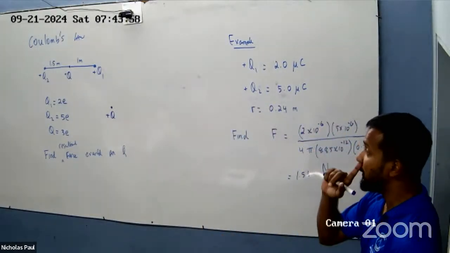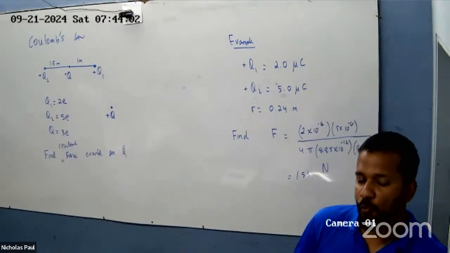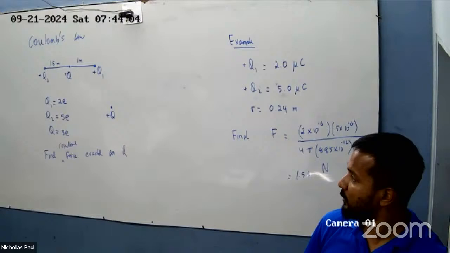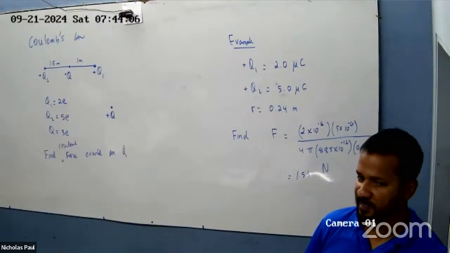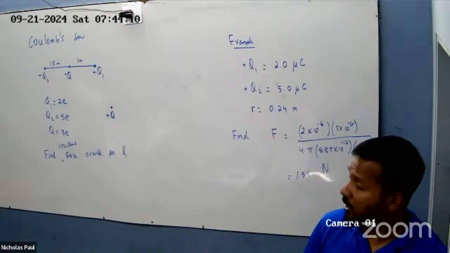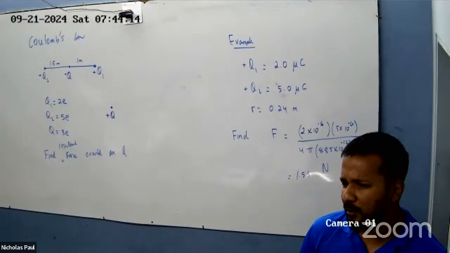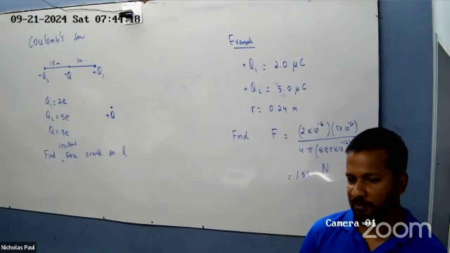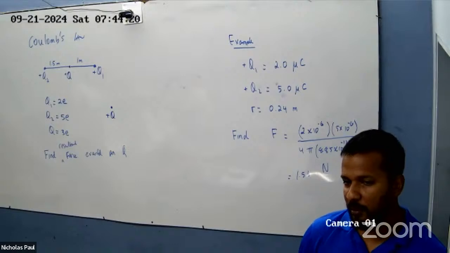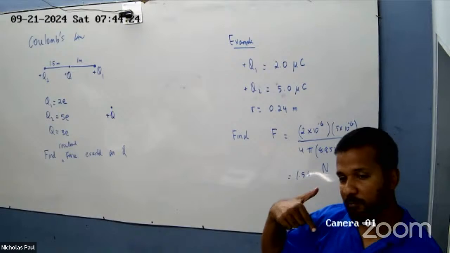Look at Q1. What does Q1 do to the Q charge? All positive, everything positive. What kind of force does Q1 exert on Q? It wouldn't be positive or negative, it will push it away or towards me.